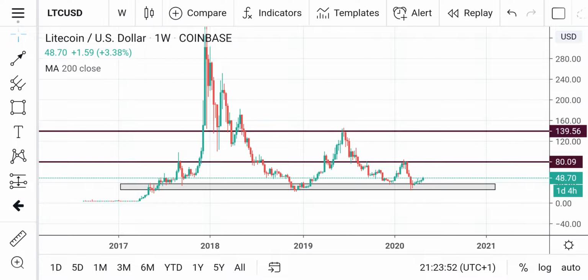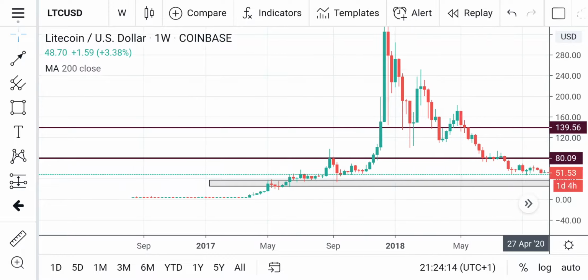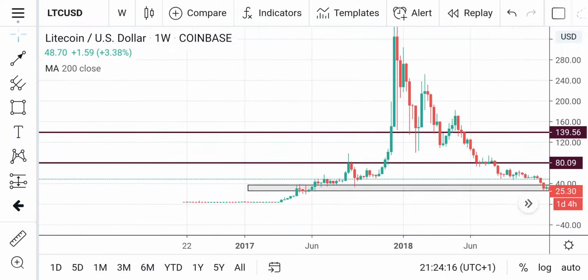The 200 period moving average is not appearing on this coin on the weekly time frame. It means that the coin has not been listed for too long. You can see over here there are no more charts to look at.